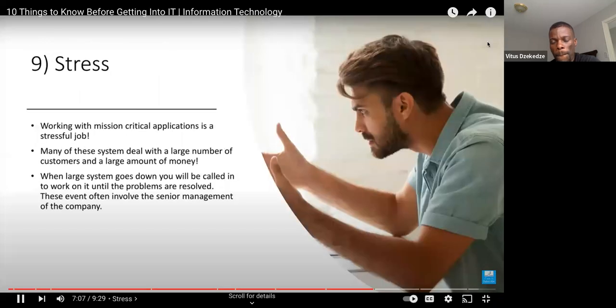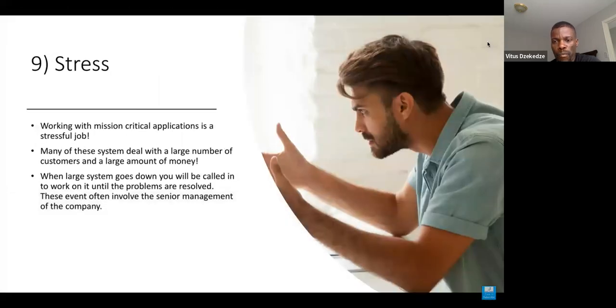The next area I'll talk about is stress. So working with mission critical applications is a stressful job. Many of these systems deal with a large amount of customers and a large amount of money. And so when these types of systems go down, you'll be called in to work on these production problems until they're resolved. And most of the time, these systems have a ton of visibility. So don't be surprised if senior management members, the CEO himself or herself, is involved in whatever happens with these system problems.